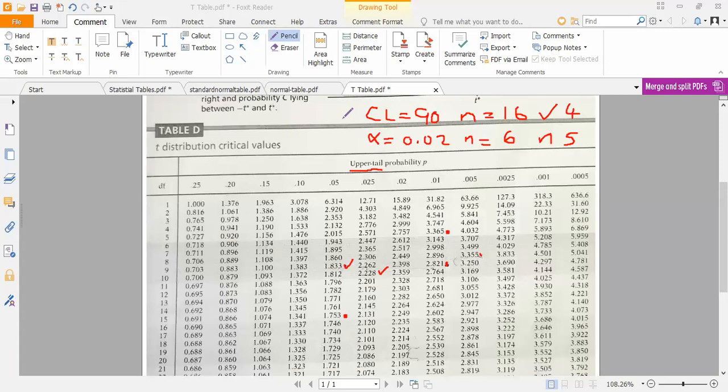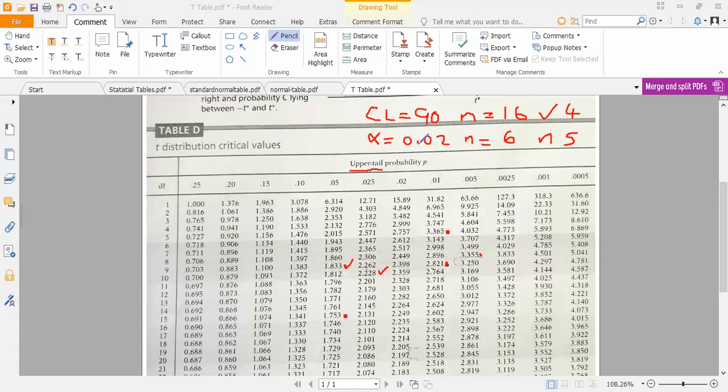Sometimes we'll be given a different type of t table. Now this table looks at only the upper tail probability. So the first step is you find your alpha divided by 2 and the degree of freedom.